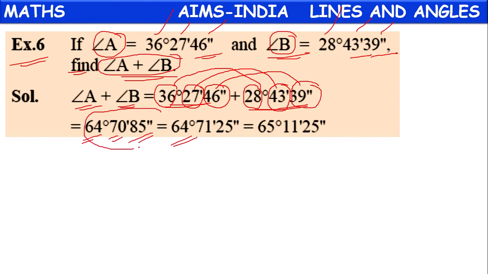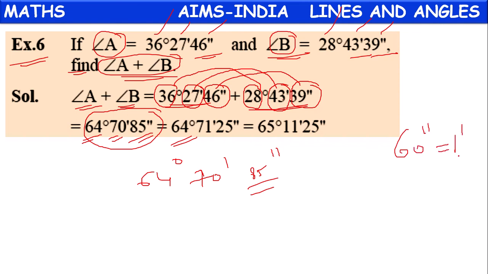So like this we have got 64 degrees, 70 minutes, 85 seconds. But we know that 60 seconds equals 1 minute. So 85 seconds can be written as 60 seconds plus 25 seconds, or 1 minute plus 25 seconds.